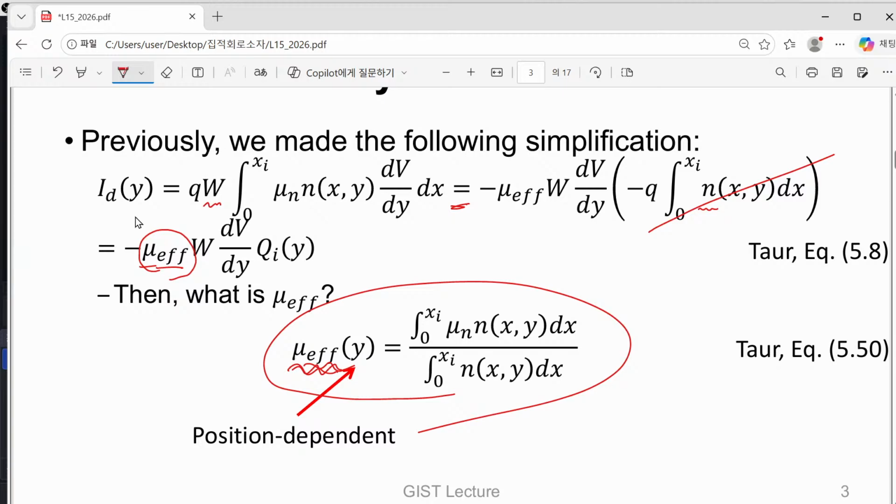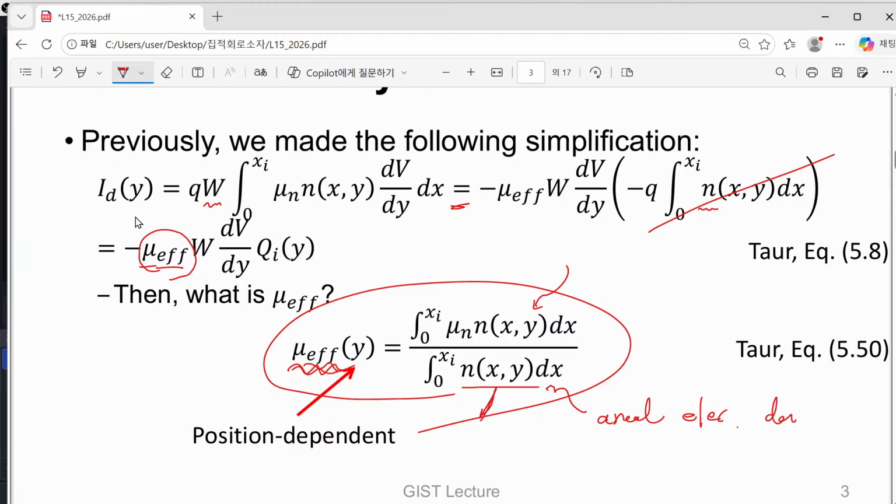Seemingly quite complicated, but please have a look at its expression. Here we have upper part and lower part. In the lower part, you can see that electron density is vertically integrated. So in plain language, this is areal electron density.